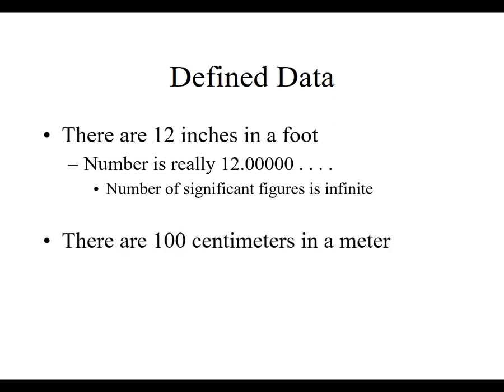So here's one that ends with zeros. There are 100 centimeters in a meter. Now, this arises from the definition of centi. Centi means 1/100th or 10 to the minus 2 of something. Okay, so 1/100 or 0.01 or 10 to the minus 2. But those numbers in that definition are exact.